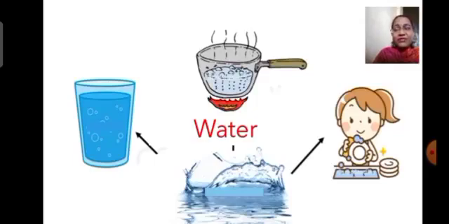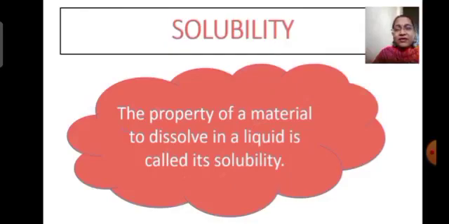That means salt and sugar easily dissolve in water. Like this, if we add different things like lemon juice, medicine, vinegar, fruit salt, they dissolve in water easily. That's why we call water the universal solvent. That means many things can be easily dissolved in water.